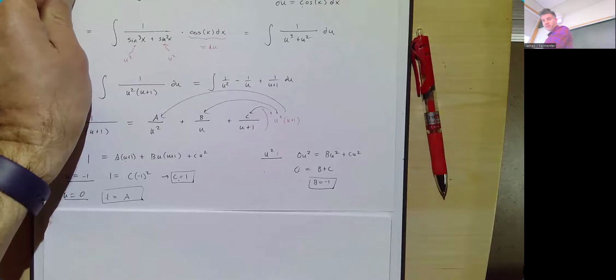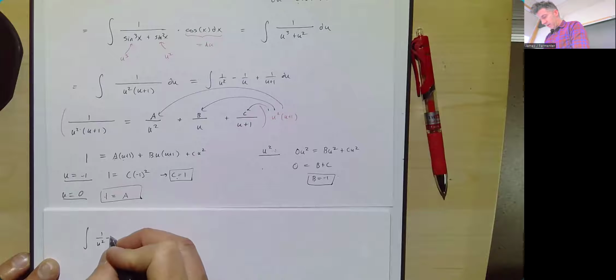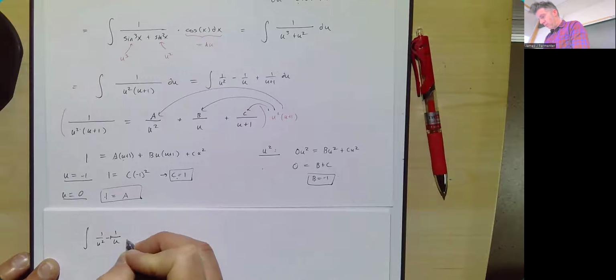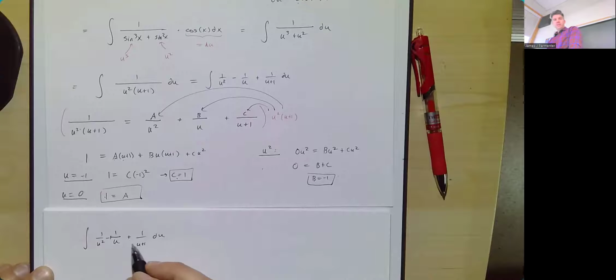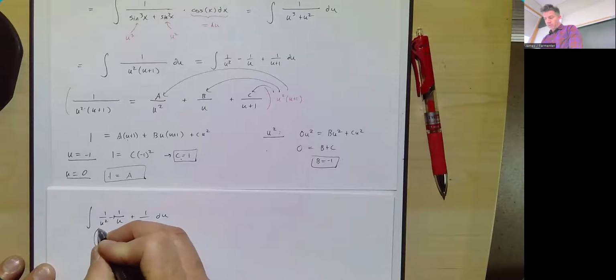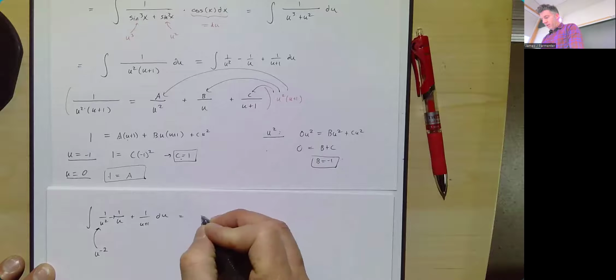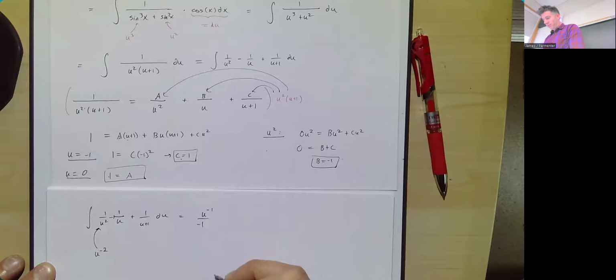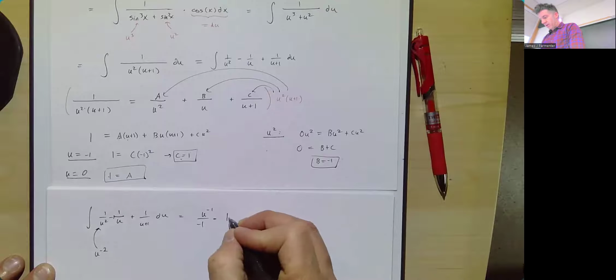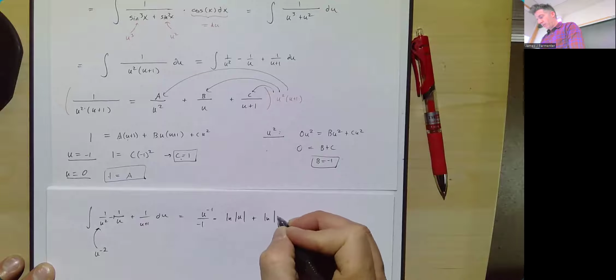So for that integral, the integral of 1 over u squared minus 1 over u plus 1 over u plus 1, these two pieces, the 1 over u and the 1 over u plus 1, are going to be the natural logs. But the 1 over u squared, we should be thinking of as u to the -2. So we're going to get u to the -1 over -1 minus the natural log of the absolute value of u plus the natural log of the absolute value of u plus 1.